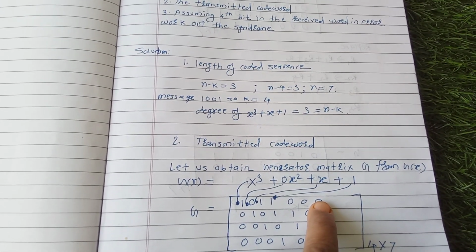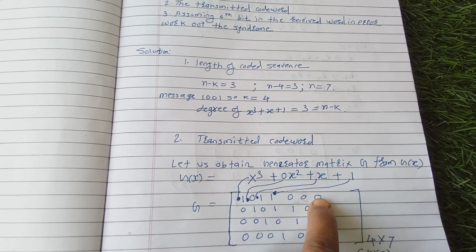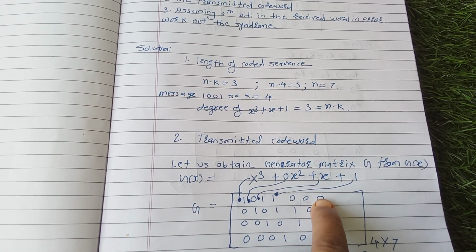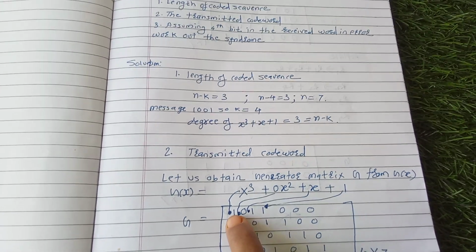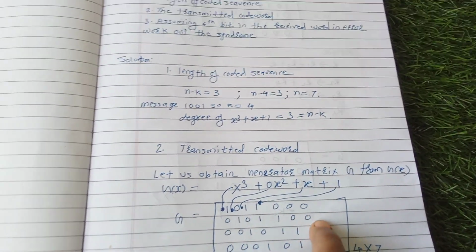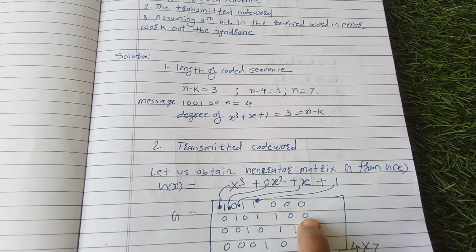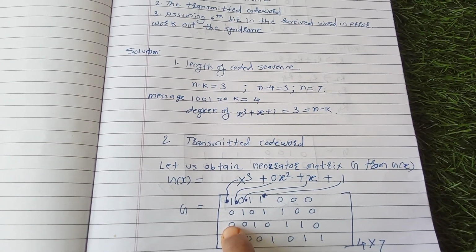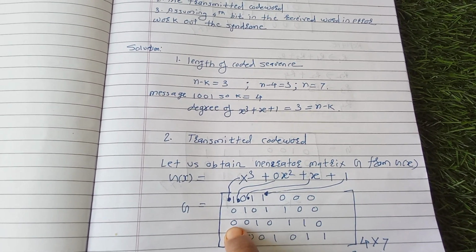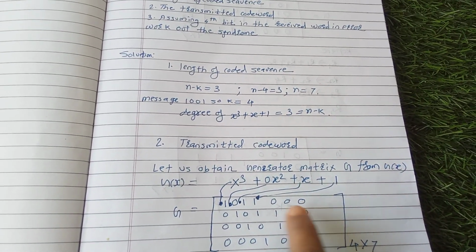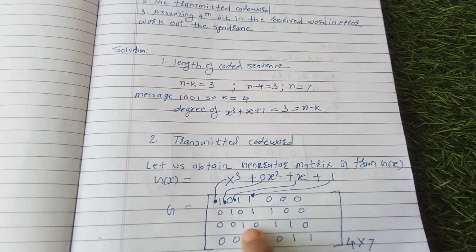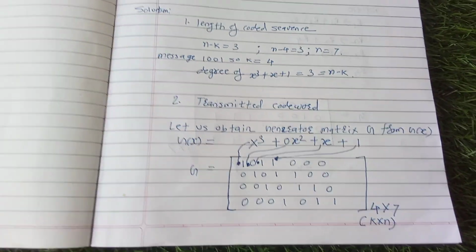After that, take this 0 or this term here and write down all these terms ahead. For the third row, take this 0 here, or term, whatever. If there is 1, you can take it as 1 here. Here there is 0, so 0, and write down all the terms ahead.